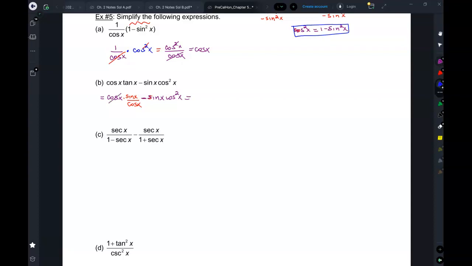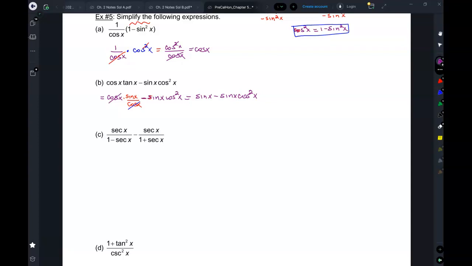Now you can get rid of this cosine and this cosine. So now I have sine x minus sine x cosine squared x. So I cancel, and then I rewrite.